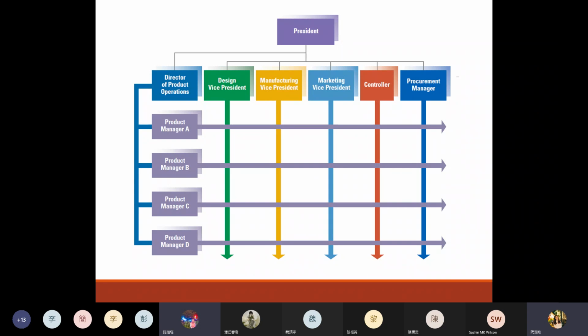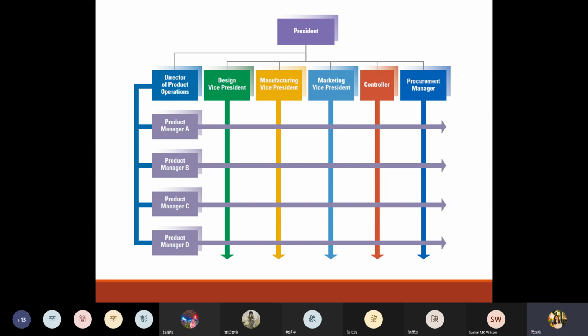Yeah, good. I told you I need to remember. Imagine that you are working in a team, in the design team of product A. Actually you have two bosses. One is the product manager, your project manager, and the other is your original manager from the design department.